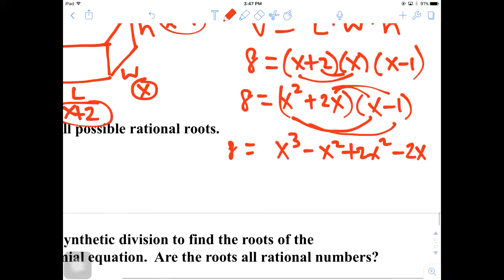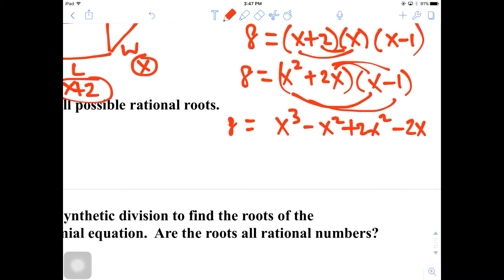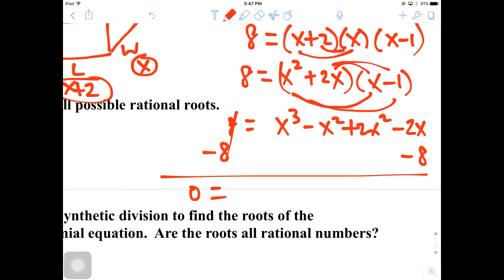Combining the like terms, we're also going to zero it out, so we're going to subtract 8. So we're going to do two things at one time. Zeroing it out, we have x cubed, the 2x squared terms will combine into a plus x squared, and then we have a minus 2x minus 8.